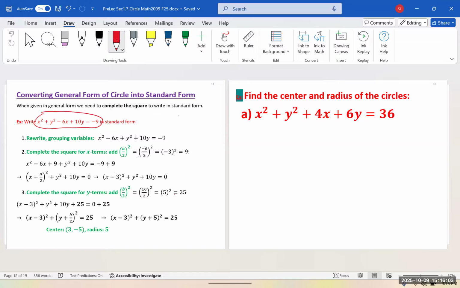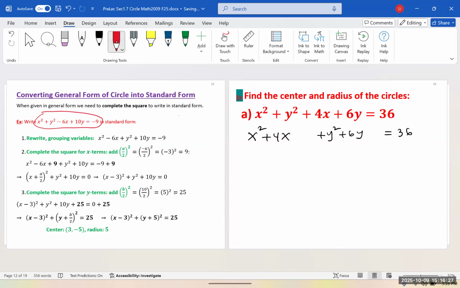So to do that, we're going to take x squared and put 4x next to that. Then we have our y squared, put the 6y next to that. And we have 36. Now complete the square.